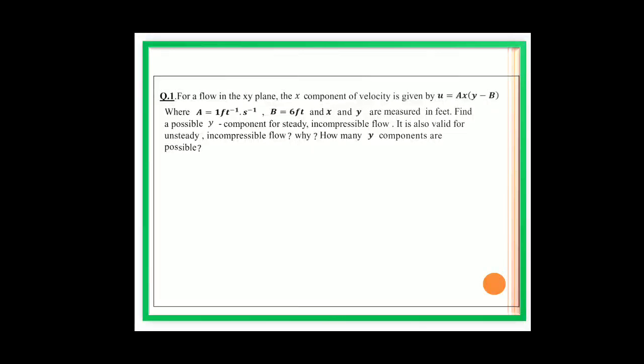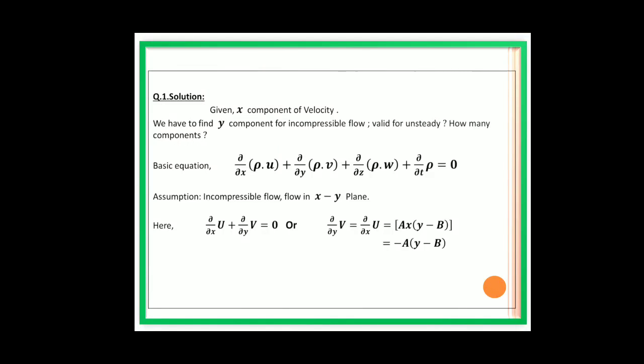So the solution is: here, given the x component of velocity, we have to find the y component for incompressible flow, which is valid for steady or unsteady flow, and how many components are there. We know the basic equation: del x of rho u plus del y of rho v plus del z of rho w plus del t of rho equal to 0.